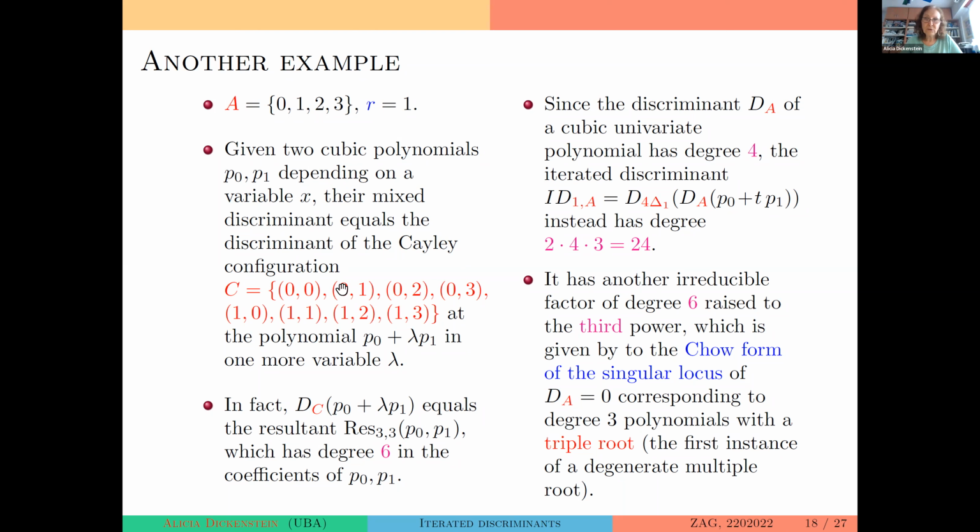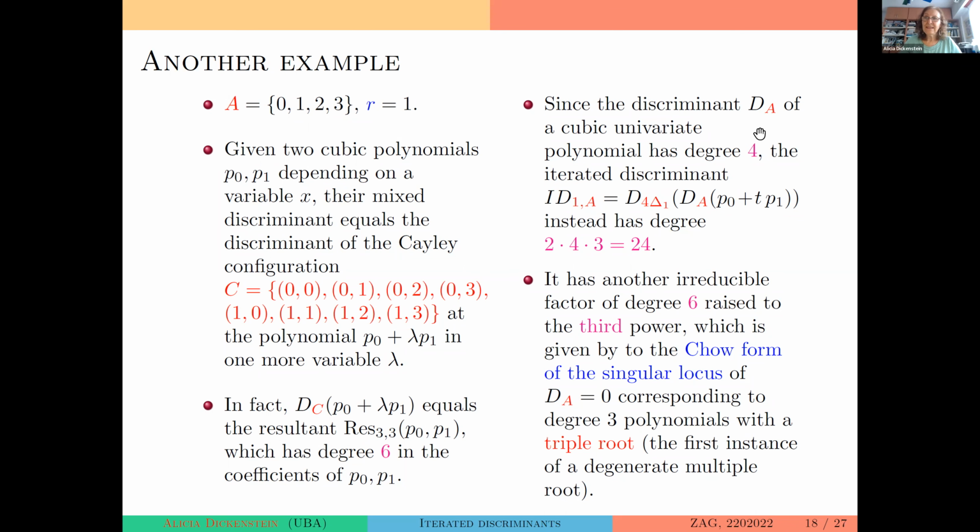So we have these two parallel strands. This is the support of the Cayley configuration. And then we consider the polynomial P0 of x plus lambda P1 of x, with lambda a new variable. And the associated discriminant equals the resultant of these two polynomials, as we had a second ago, and it has degree 6.